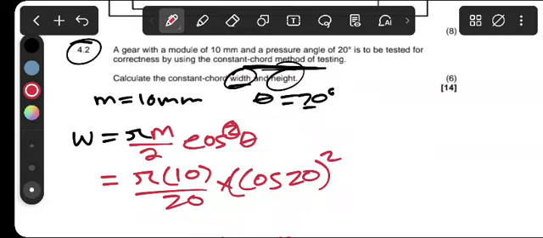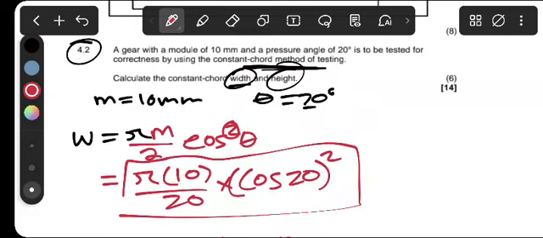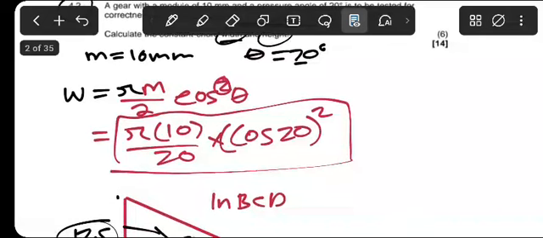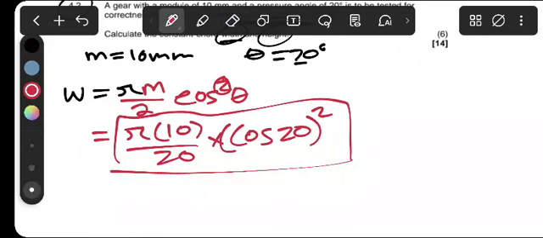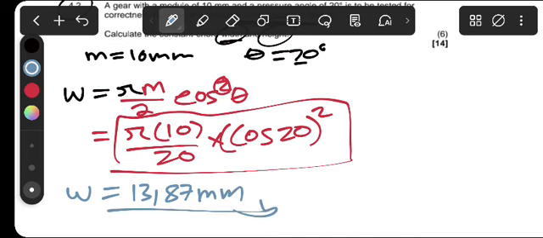Punch this on the calculator. Using the width method, we have 13.87 millimeters.